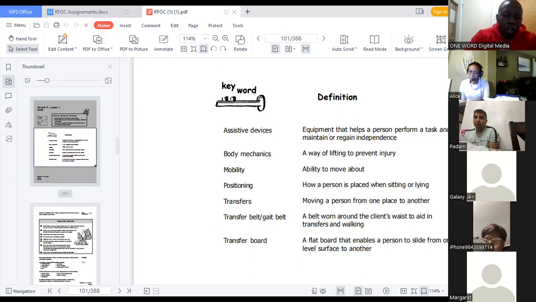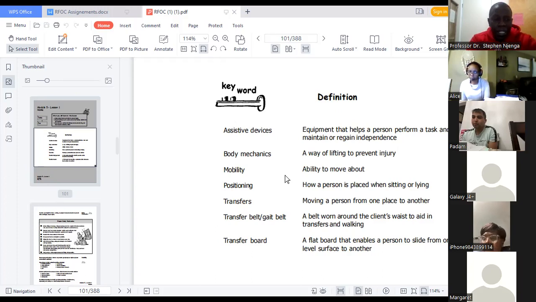Make sure you follow all the guidelines that are written in the care plan. And because of the new student, I want to say this, that a care plan is a developed document that explains the type of care that a client is supposed to receive.